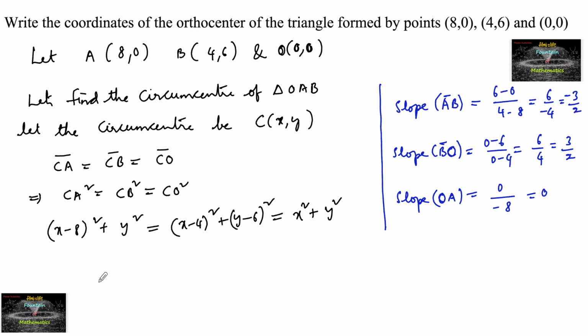So let us solve this. Let me take the first and the last. (x minus 8) whole square plus y square is equal to x square plus y square.